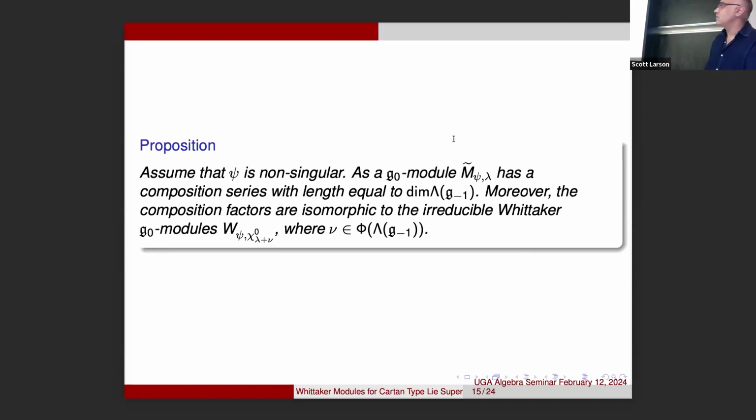Yes. I think this is where the plus notation is coming from, because of the tensor. Phi is the set of weights of G minus. Basically, I'm saying that these induced Whittaker modules M tilde, which we look at, admit a composition series, and the composition factors are irreducible, isomorphic to standard Whittaker modules.